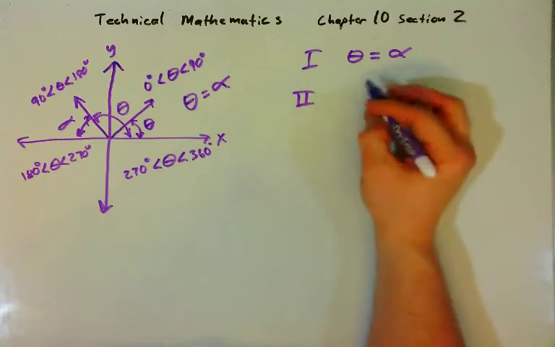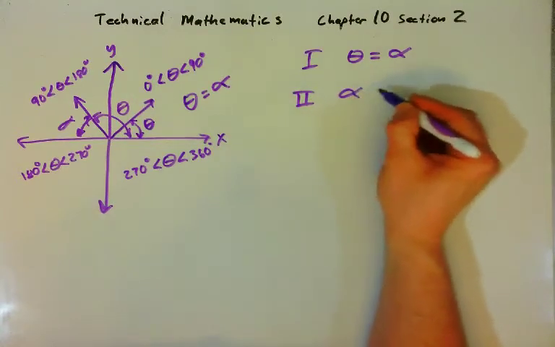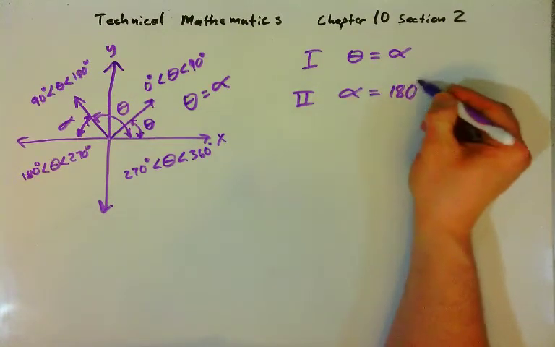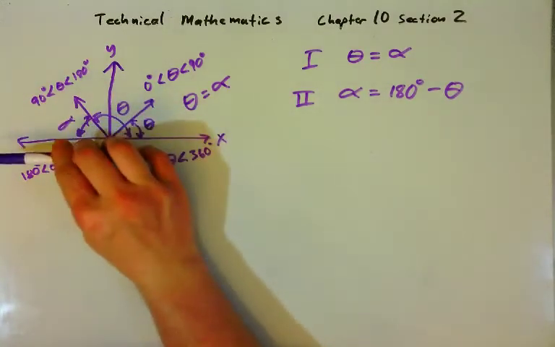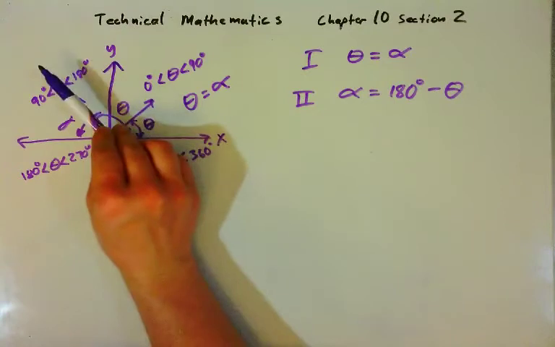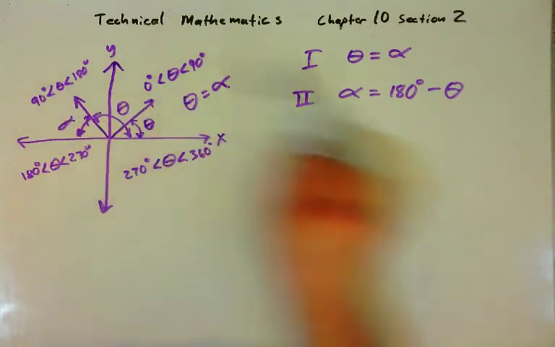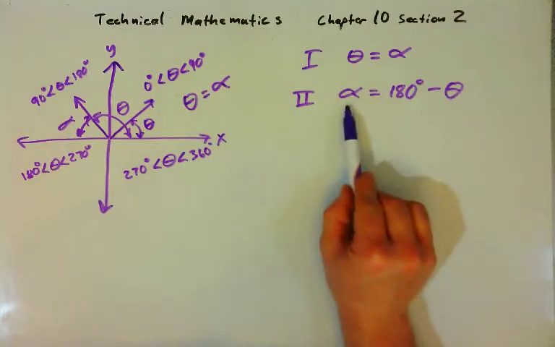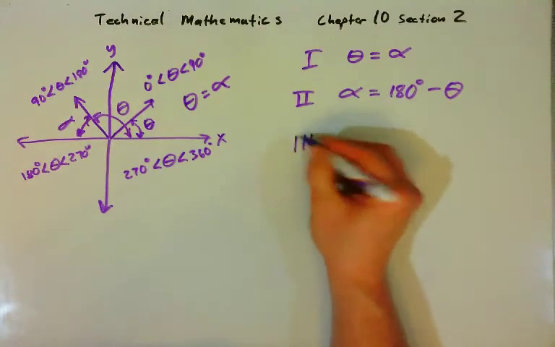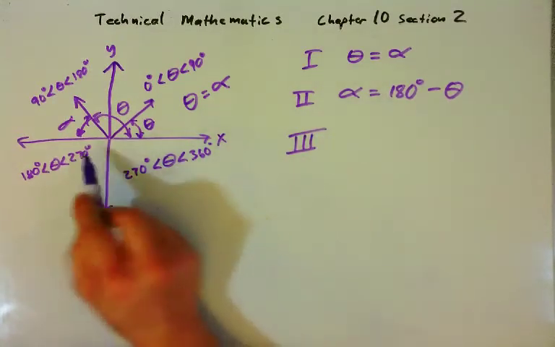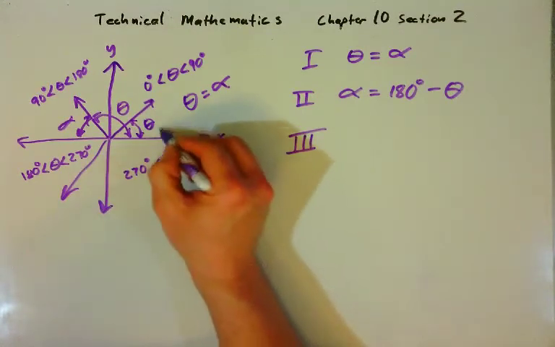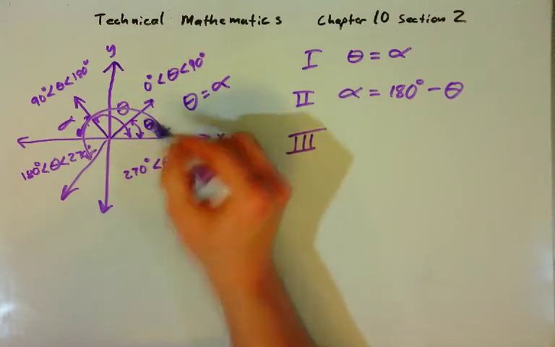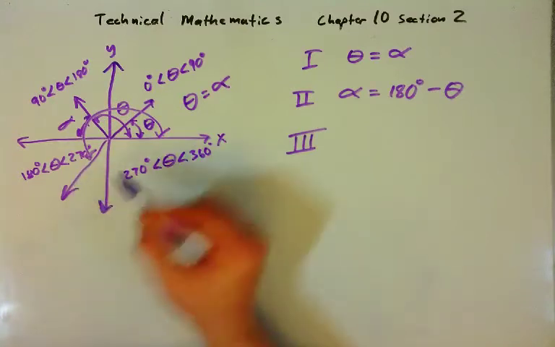But in the second quadrant, alpha will be equal to 180 degrees minus theta. If you have 180 degrees and you take away theta, what is left is alpha. In the third quadrant, the angle theta is somewhere greater than 180 but less than 270.